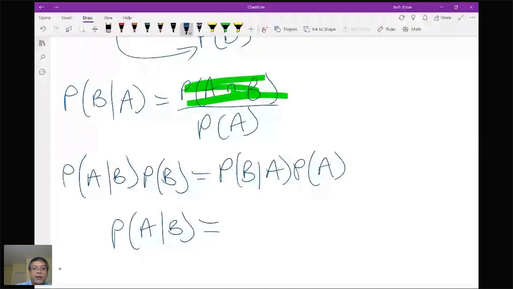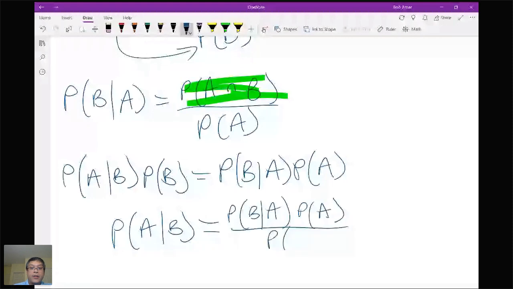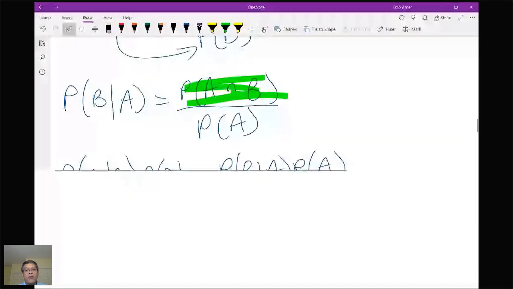What this theorem lets you do is, if you have an estimate for some of these different probabilities on the right hand side, then you can use them to come up with an estimate of the probability you wanted on the left hand side. Let me put some words on that for you.